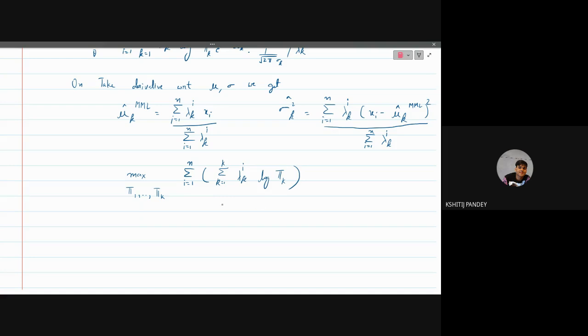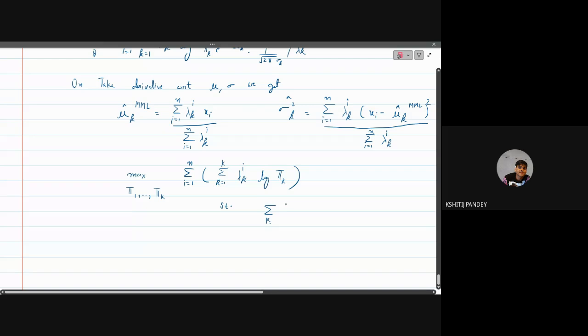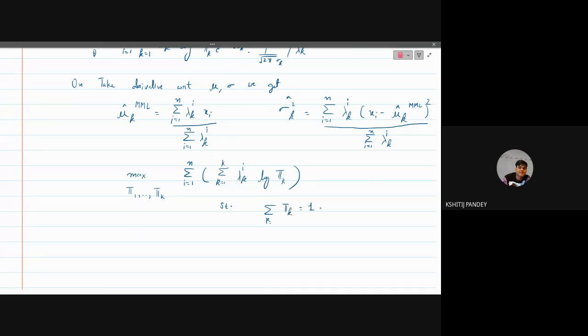And here the constraint is that the summation of all the pi's is equal to 1, and the value of all the pi's is between 0 and 1.